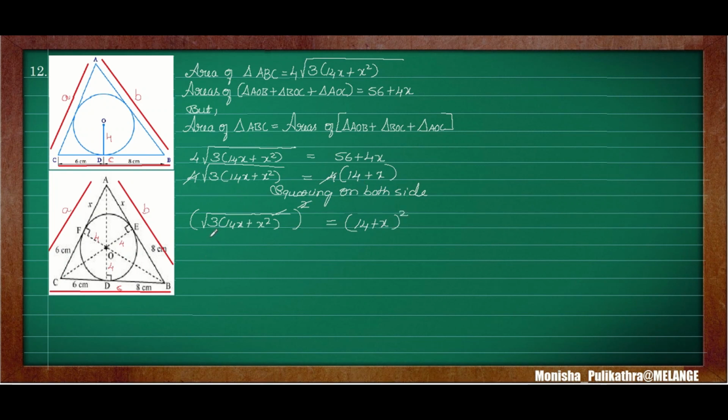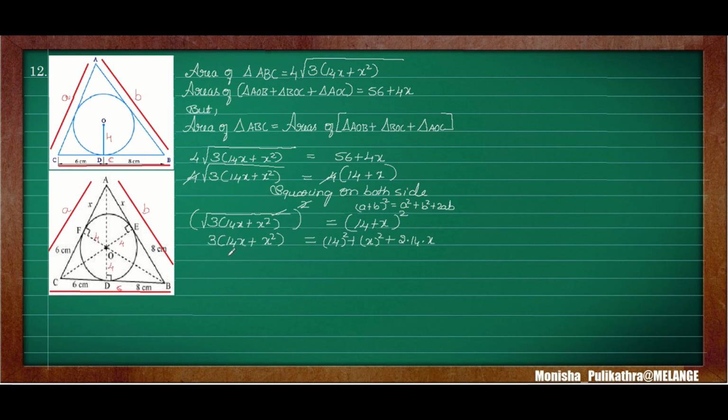So the remaining is 3 into 14x plus x square is equal to, here we can apply the a plus b whole square formula. That is a square plus b square plus 2ab. So 14 square plus x square plus 2 into 14 into x. So here a will be 14 and b will be x.